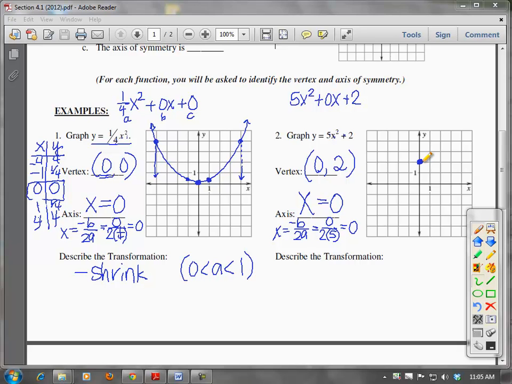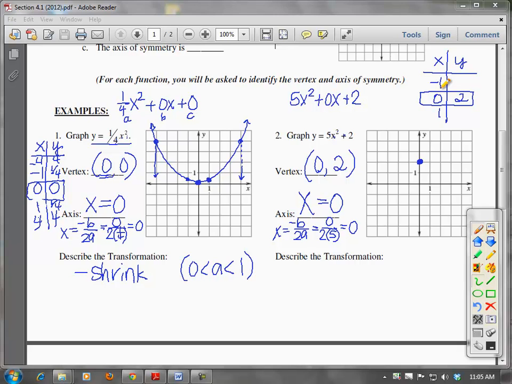Now I'm going to make a table to figure out the other points. You can put it where you need, but in the middle of my table, I'm going to put my vertex (0, 2). I'm going to pick at least one x value on either side of 0. So one x value bigger is 1, one x value smaller is -1.